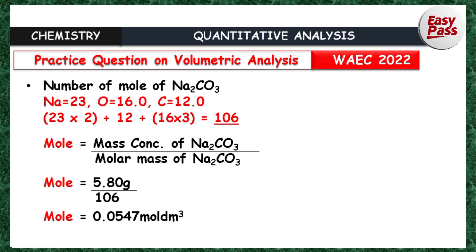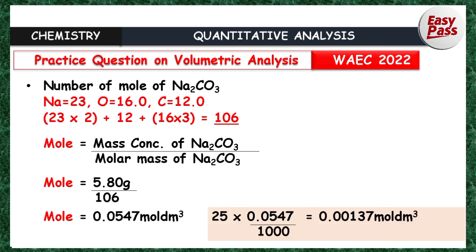Now you have to calculate the number of moles of sodium carbonate. The volume given to you is 25 cm³. So we have 25 cm³ times 0.0547 all over 1000, the standard volume.